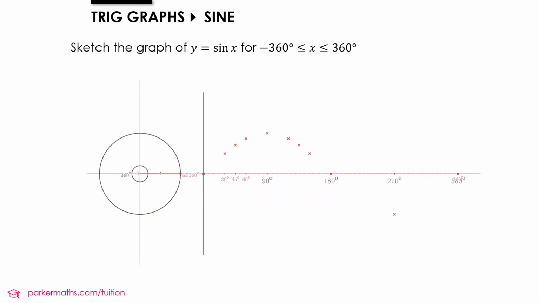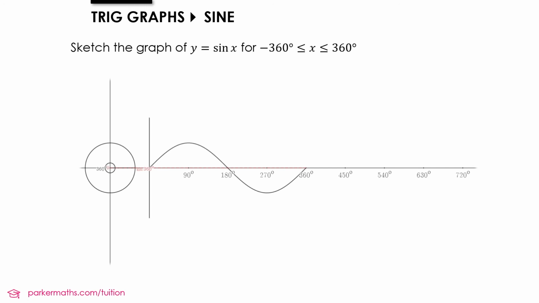And we could, using our knowledge of the unit circle, plot out several points between 180 and 360 as follows. And so plotting the curve between 0 and 360 gives us this shape. And so here we have the graph of y equals sine x between 0 and 360 degrees.